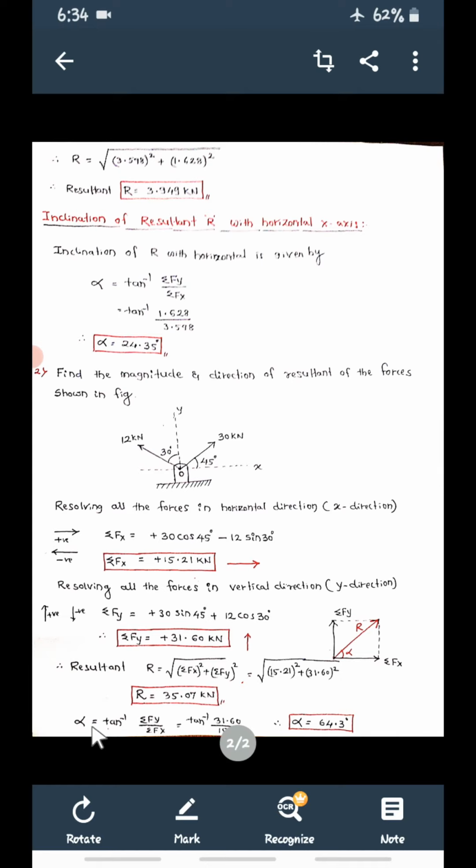Substitute the values, alpha you are going to get 64.3 degree, meaning this resultant of magnitude 35.07 kilonewton makes an angle of 64.3 with horizontal, or with x-axis.